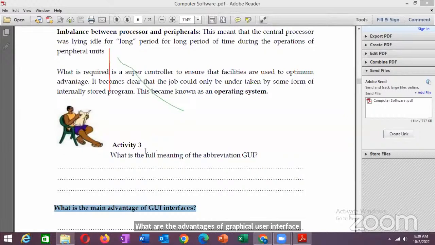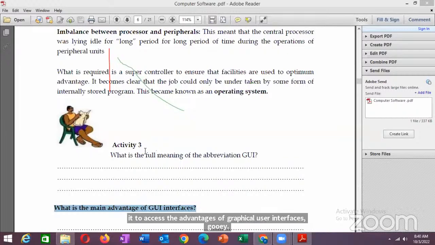I can see most of you know what GUI is. Now kindly type the advantages of graphical user interface, or GUI. Easy to access. Give me now the advantages. It can be operated by keyboard and mouse.